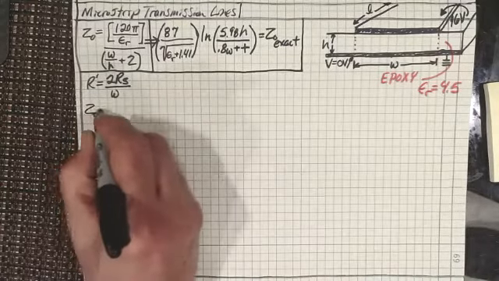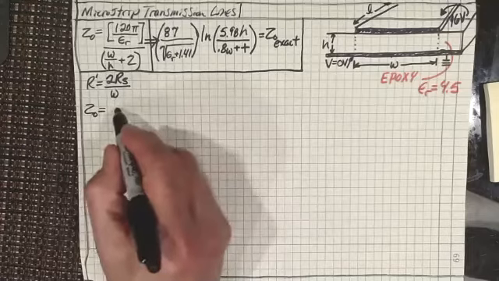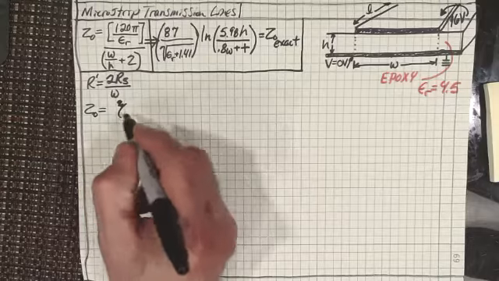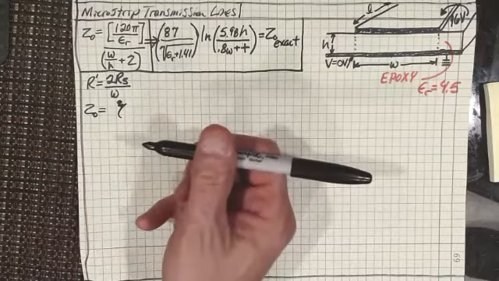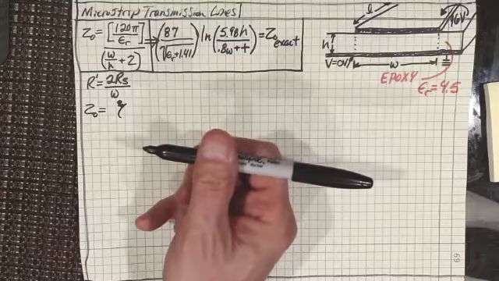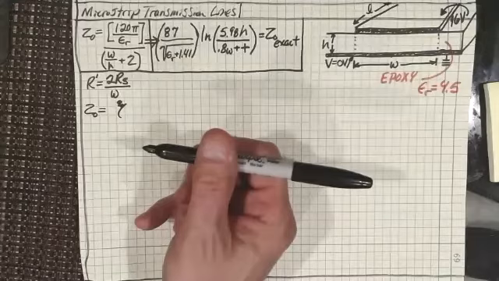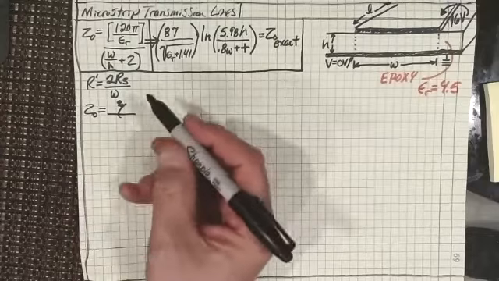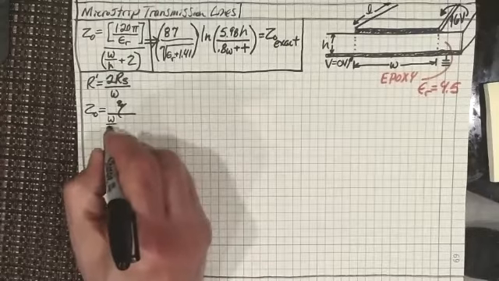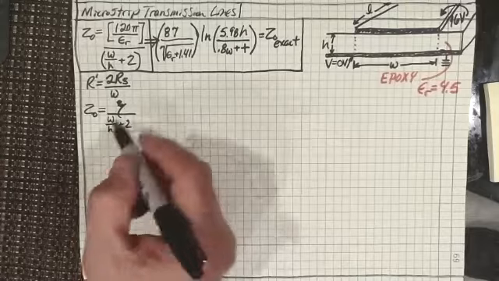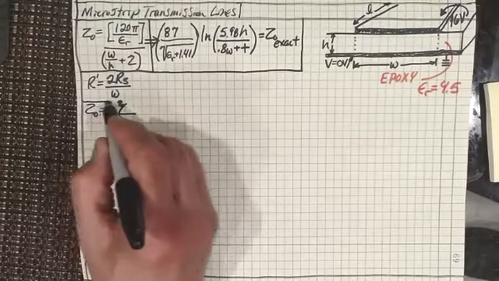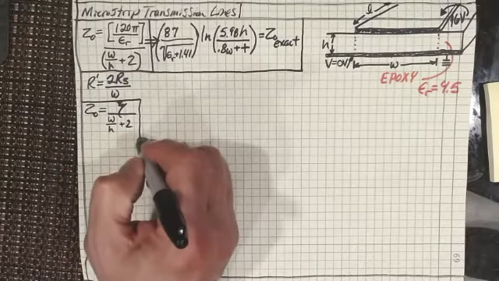So Z sub 0 is actually eta divided by W over H plus 2. So this is basically exactly this equation right here, and I will work through that in just a minute.